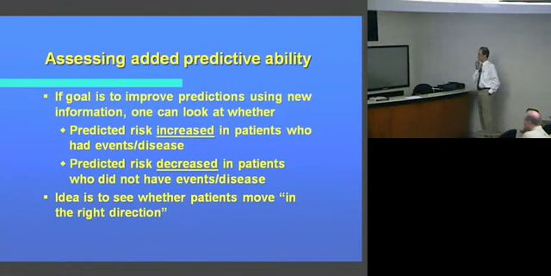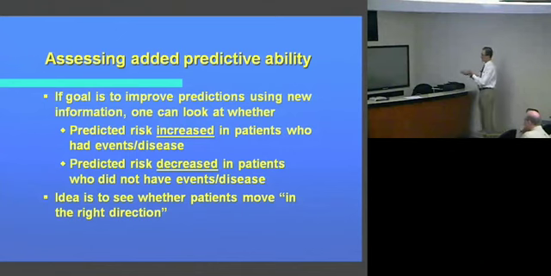So, to move from the first part, these statistical criteria, to the second one, the criteria are kind of decisional criteria. How do we use the information? And this is the border zone between those two things, because there are new measures trying to get at how much things are changing as a result of using a new risk marker.